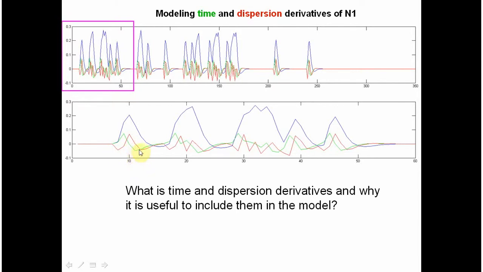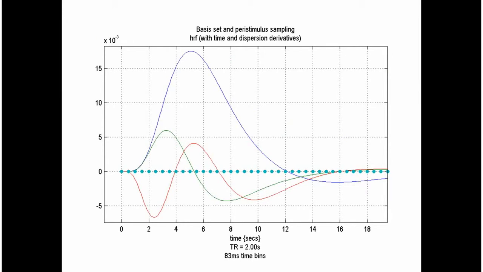For the dispersion derivative, there is a sharp peak in the middle, and some low parts of the plot early and late. This is very important because this will help us to understand why we need time and dispersion derivatives added in the model.